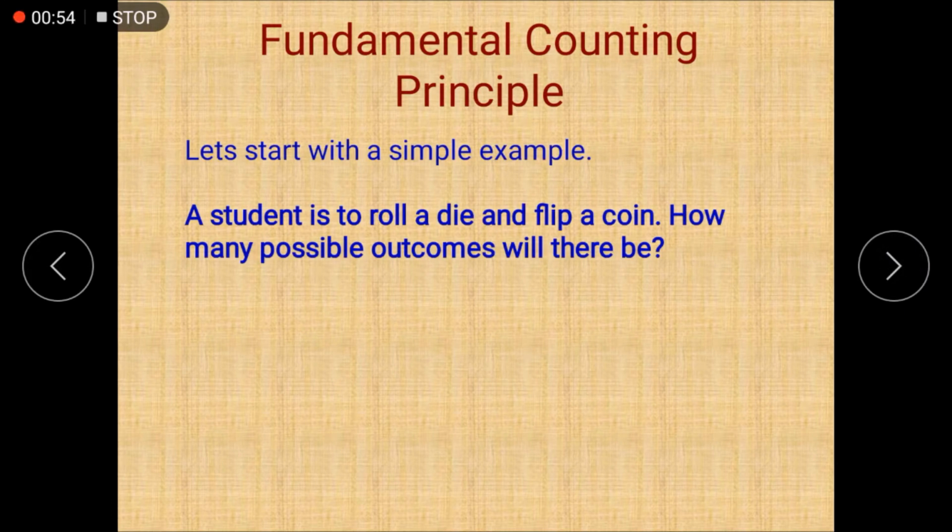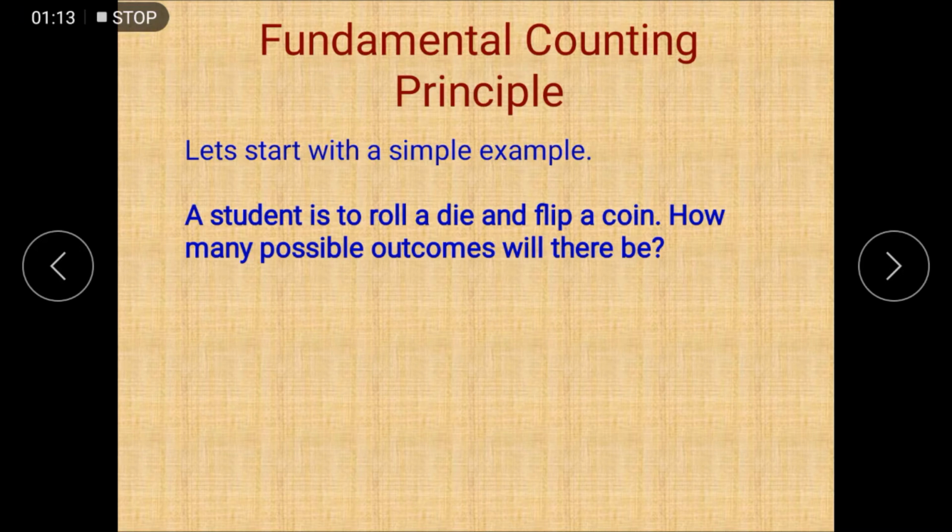First, if I have an event or a situation where a student rolls a die and then he also flips a coin, what are the possible outcomes?